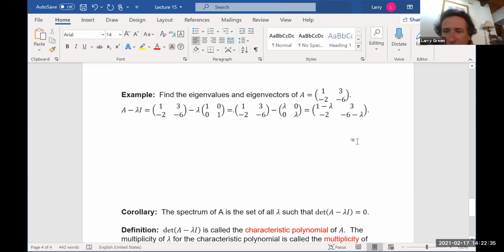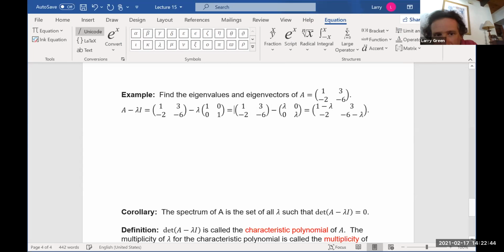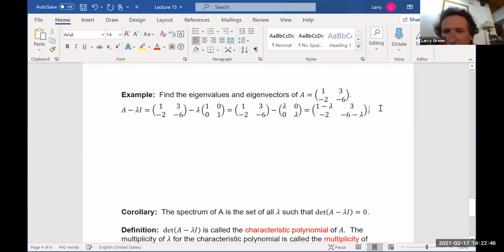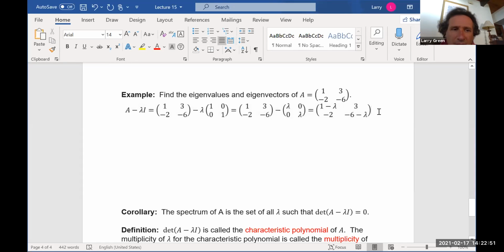Any questions on that? Just want to make sure anyone's not lost on this matrix arithmetic. Okay, so I just found A minus lambda I.